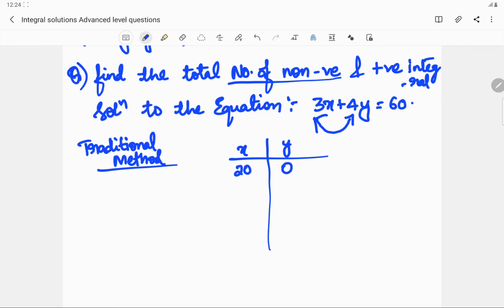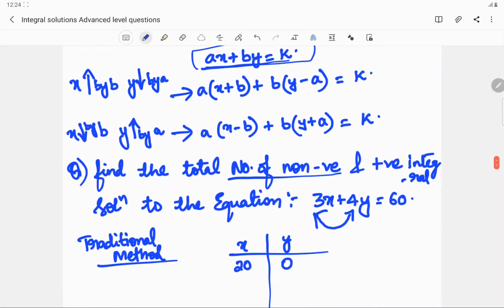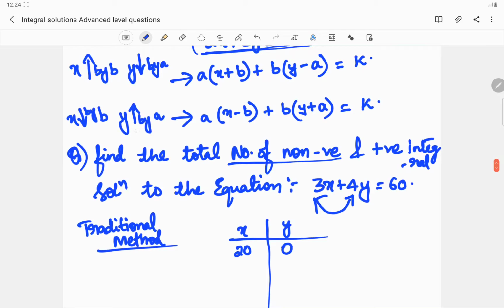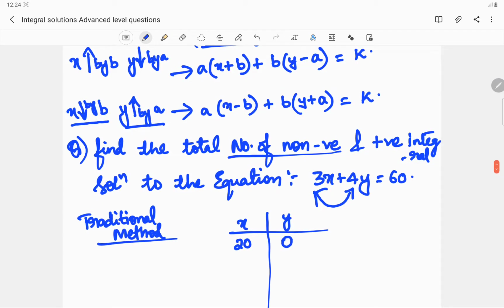Now, earlier we learned that if y is increased by a, x decreases by b. So what is a here? A is 3, so I'll increase y by 3, and x will decrease by b. It will become 16. A is equal to 3 and b is equal to 4.